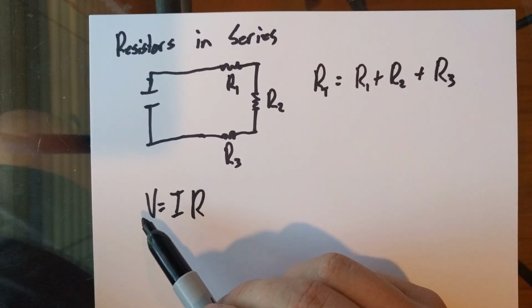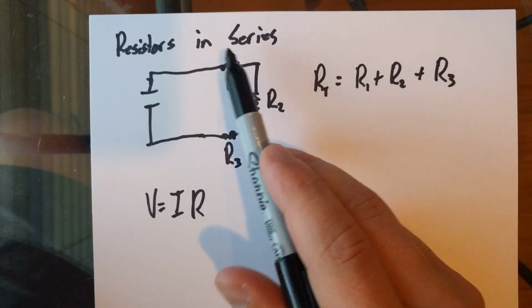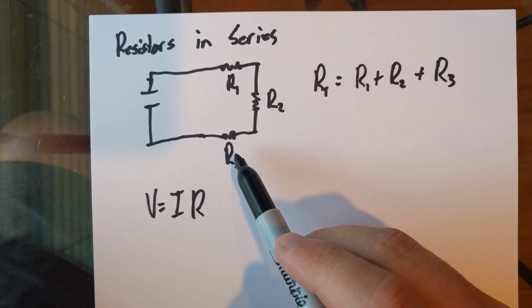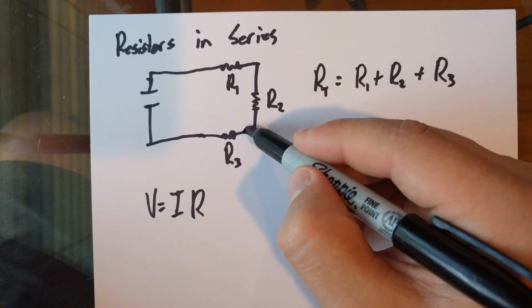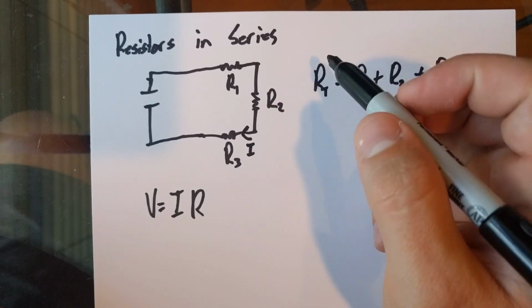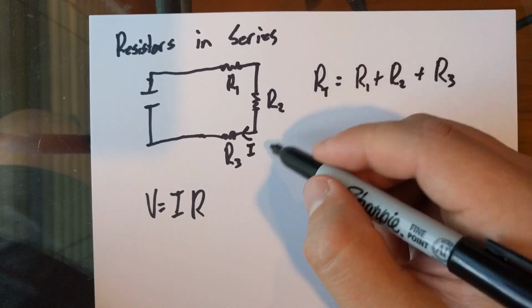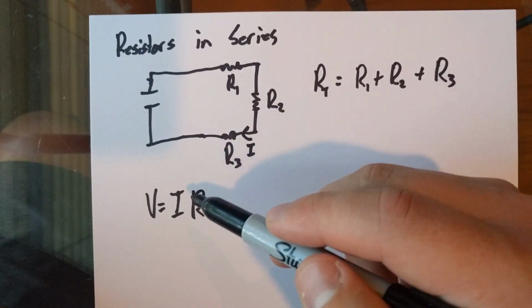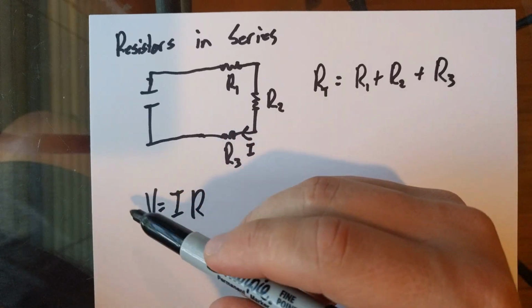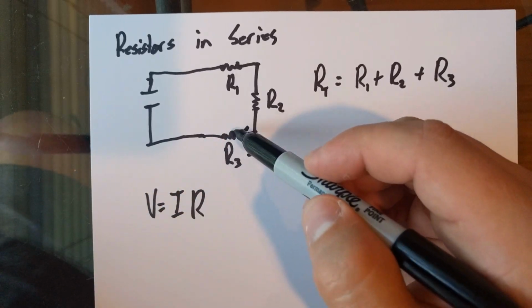And so what that gives you the ability to do is when you write V equals IR, this is true for every piece of the circuit. So if you wanted to just look at this resistor and you knew the current going through it, which for a circuit in series, it's the same current, you could find the voltage drop in that resistor.